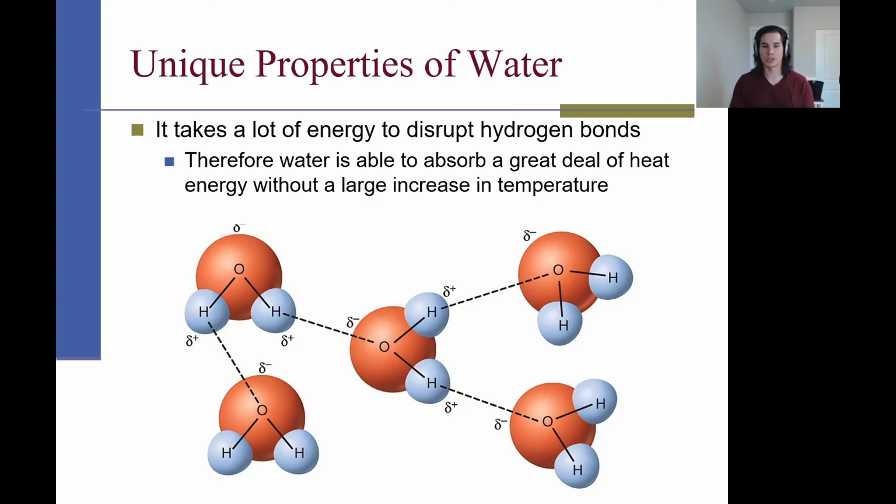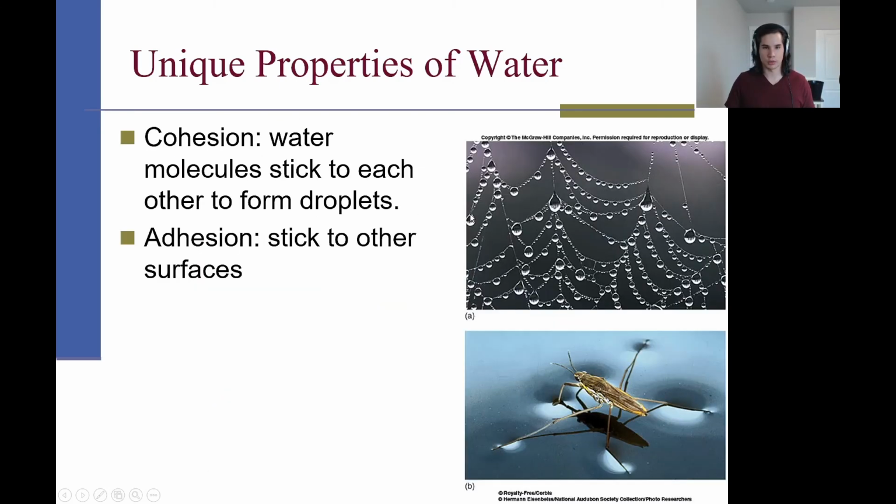So in order to change water temperature, these hydrogen bonds must be broken. So it takes a lot of energy to cause temperature change in water. That's why it's a great temperature buffer for the body, for example. Water is able to absorb a great deal of heat energy without a large increase in temperature.